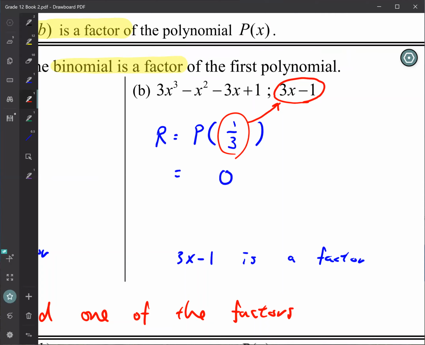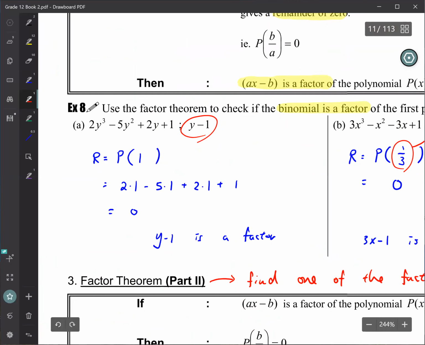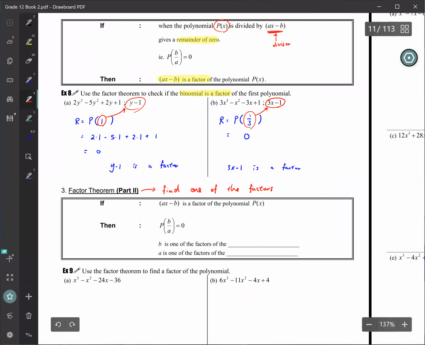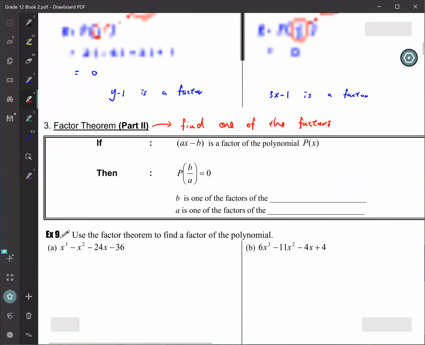If it's 1/3, then the factor is 3x minus 1. If it's 1, then we know the factor is y minus 1. So part 2 is to figure out what number to sub in so it will make it equal to 0. This involves some guess and checking, but at least you're not guessing randomly. There are some rules here.